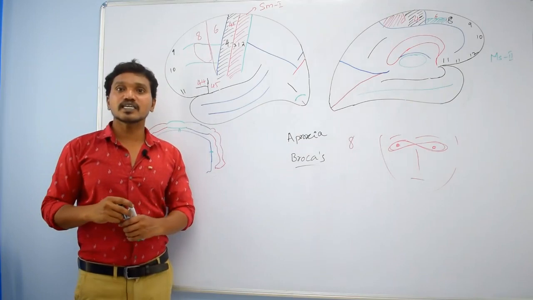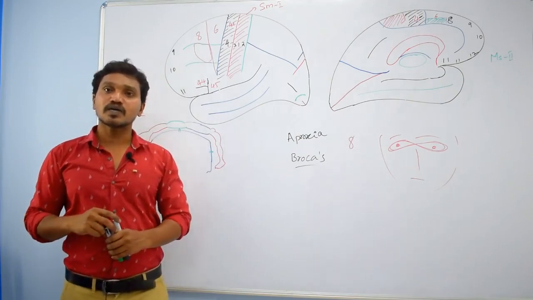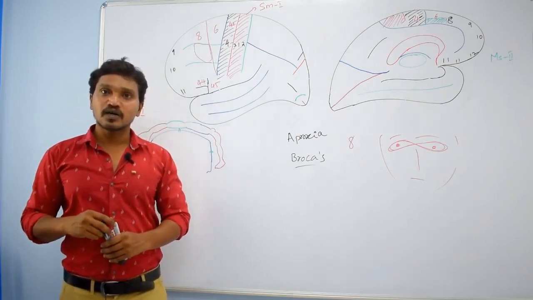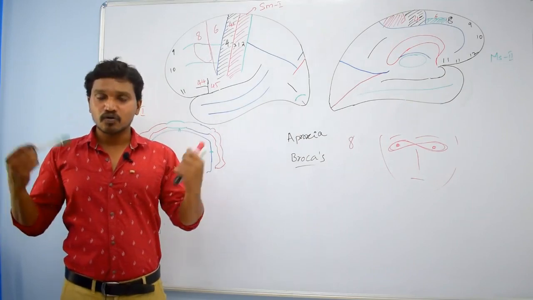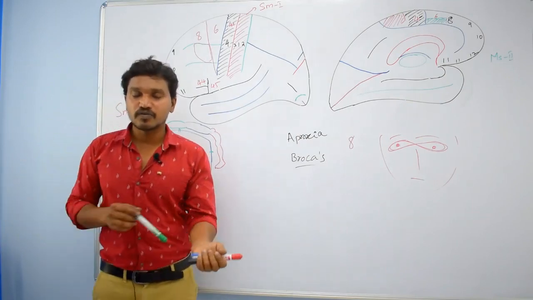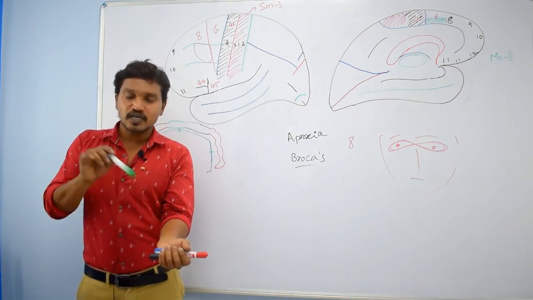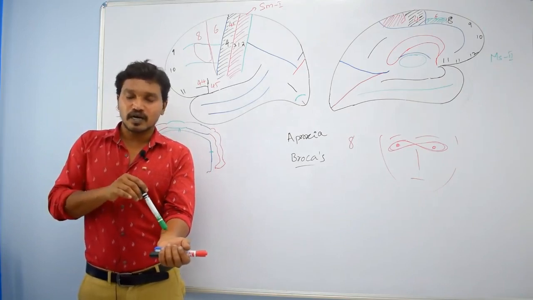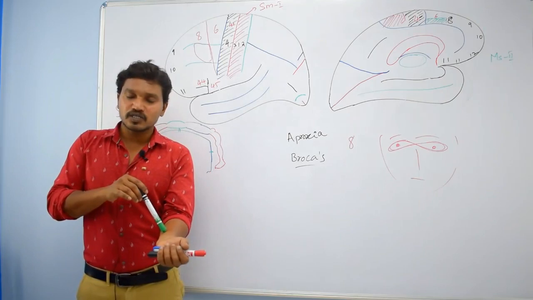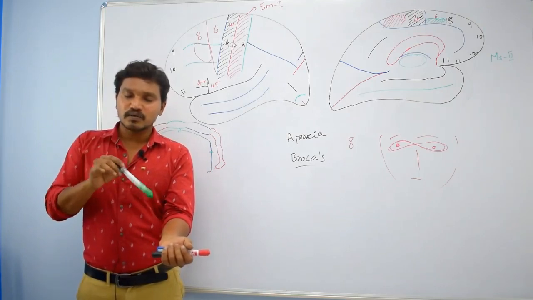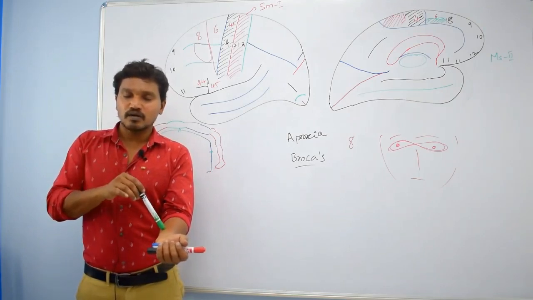What is tactile discrimination? What is tactile localization? Just imagine, I close my eyes, if any one of you comes and touches my hand with your finger or with any object, I could notice that a marker or something has touched my body.